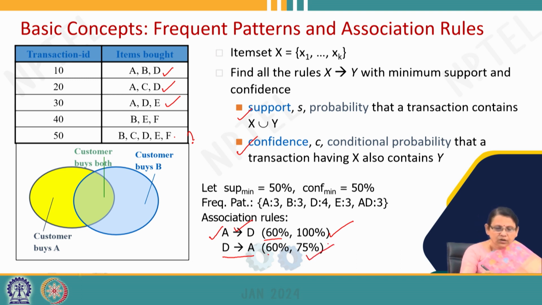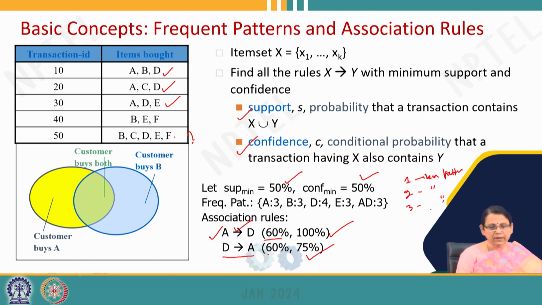Now, suppose minimum support is 50% and minimum confidence is 50%, what are the frequent patterns? While finding frequent patterns, we have to take first single items, 1 item patterns, 2 item patterns, 3 item patterns and so on.